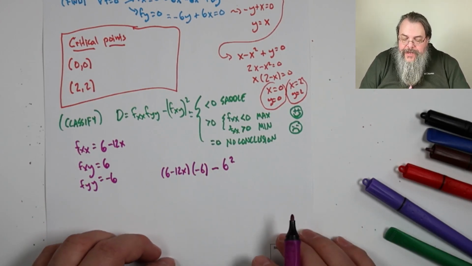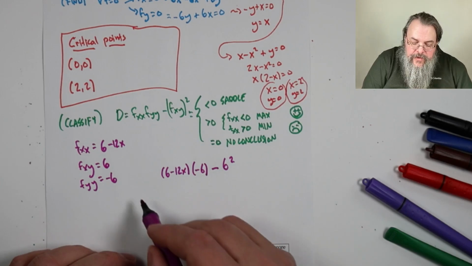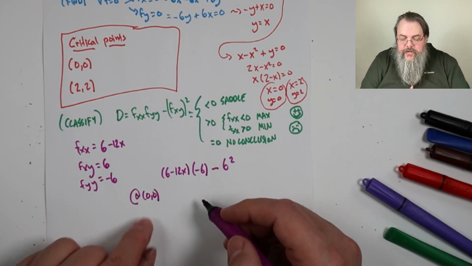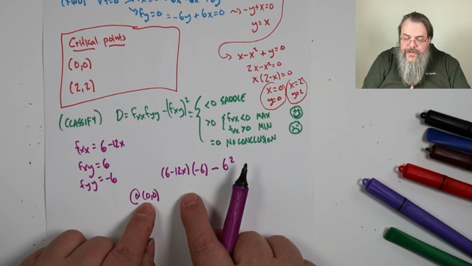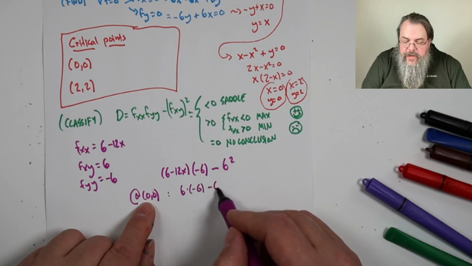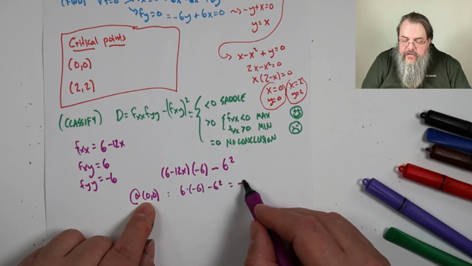Okay. Now, what are we going to do? Well, we have to plug in. So at 0, 0, that says we're plugging in x equals 0. There's no y, so we don't need to worry about that. We get 6 times negative 6, subtract 6 squared. Well, that's minus 36 minus 36.